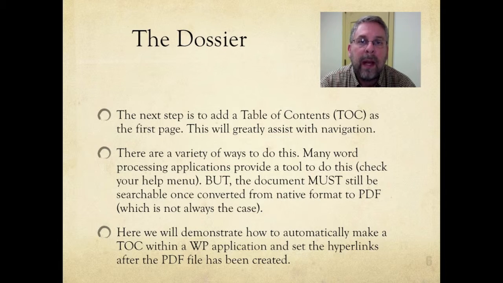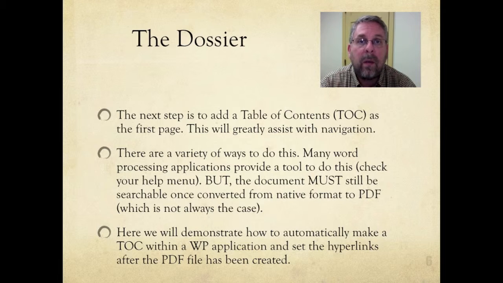The next step is to add a table of contents to your document. This will greatly increase the navigability of your final product. It should be added as the first page of your document, and there's a variety of ways to do this in different word processing applications.